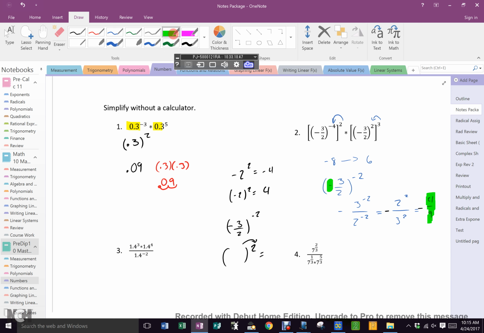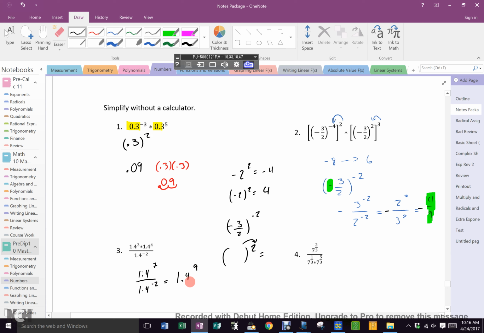So it's just basic laws, yeah? So it's 1.4 to the what? 7 over 1.4 to the negative 2, yes? What do you do there? 1.4. What is 7 minus 2? 9. Simplify without a calculator.